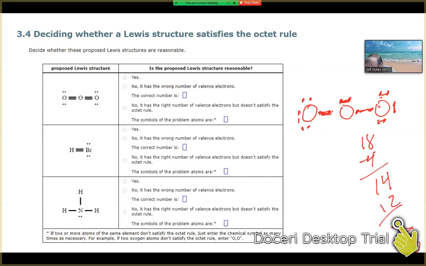The octet on this oxygen is 2, 4, 6, 8, and this one is 2, 4, 6, 8. But this one has only 2, 4, 6, so we need 2 more electrons. At this point we're out of electrons, so we can change that by adding a double bond there, and these 2 electrons go into the bond. So our configuration looks more like this.